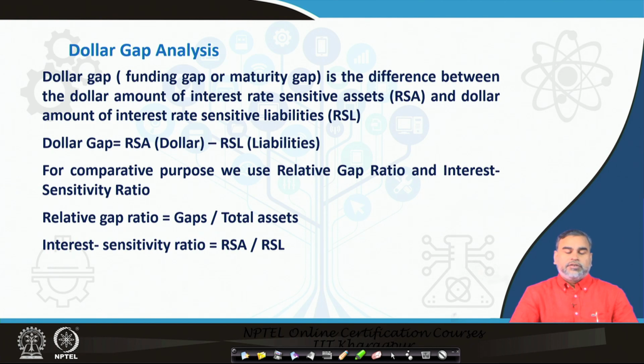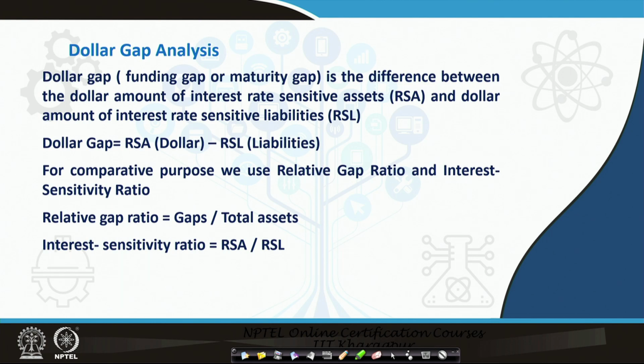In this context, there are many issues we always try to discuss. First of all, all the assets and liabilities of a commercial bank are not interest sensitive. Some of the assets are interest sensitive, some are not.